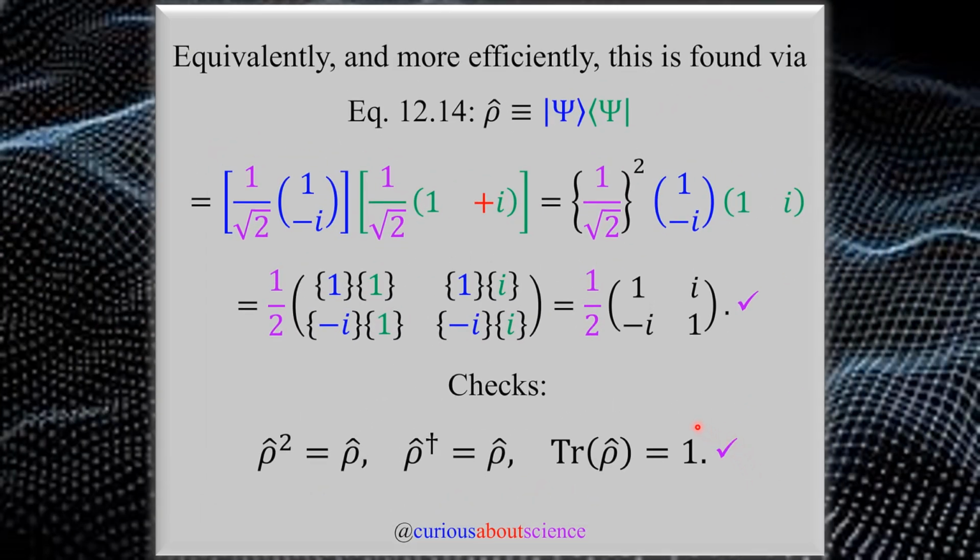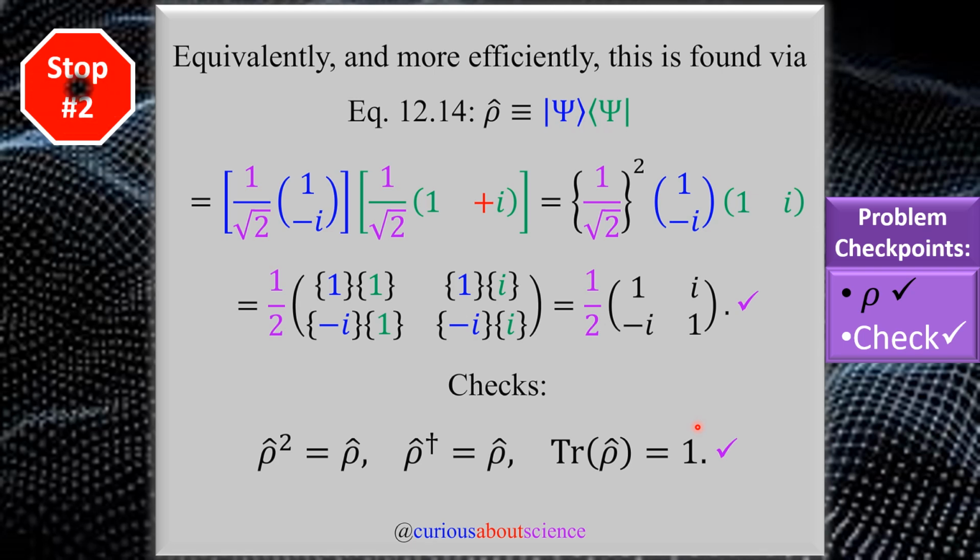All right, so step 2, well, in this case, we have an actual pretty cool equivalent way of finding it from equation 12.14. And that's by defining the operator as just the projection operator from the two states, or the outer product without any reference to the given states. That being said, we see the normalizations, they get squared again.